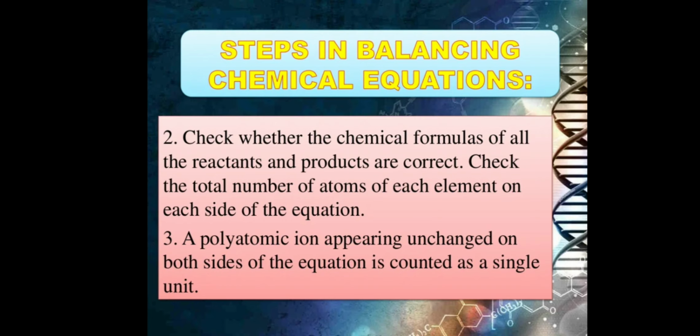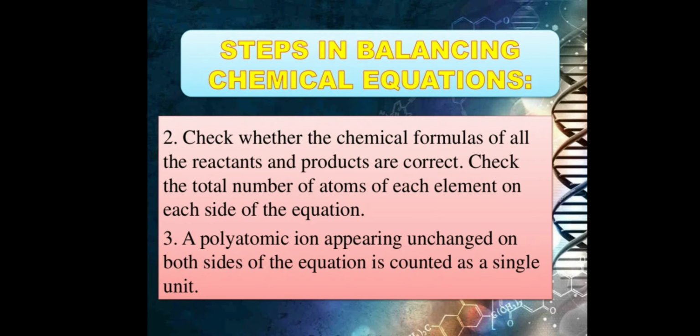The third step: a polyatomic ion appearing unchanged on both sides of the equation is counted as a single unit. Always be observant of polyatomic ion appearances, because some equations have a polyatomic ion that appears unchanged on both sides of the equation. If you see a polyatomic ion that is unchanged on both sides, it will be counted as a single unit.